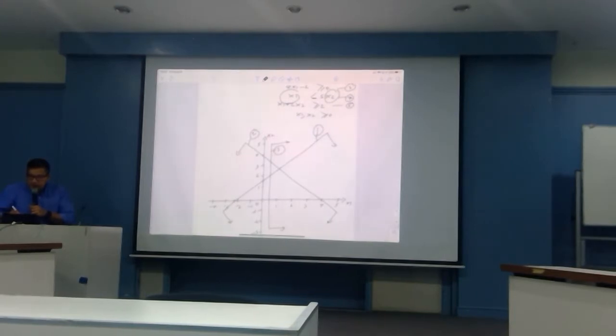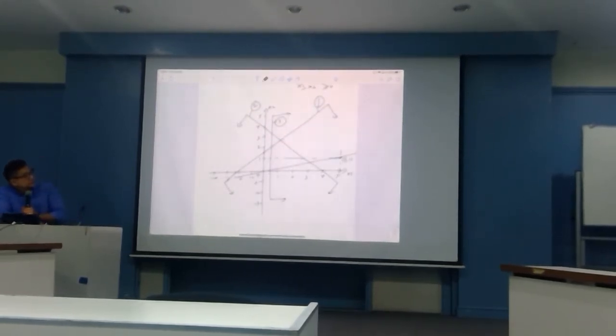So (5, 1) is down here. This is x2 equal to 1, this is x1 equal to 5. So then the graph can be just like this, passing point (5, 1).